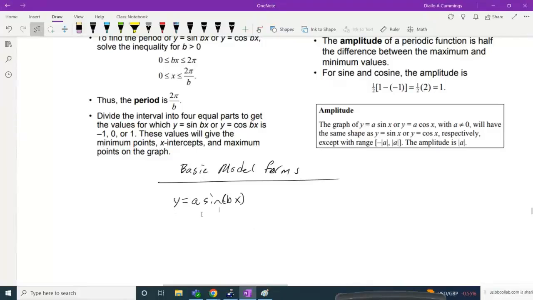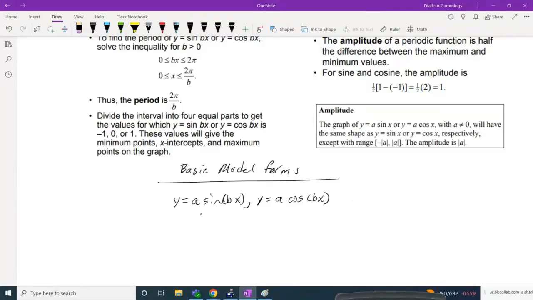Now, here are some of the basic model forms. You may see y is equal to a times the sine of bx, or y is equal to a times cosine bx.